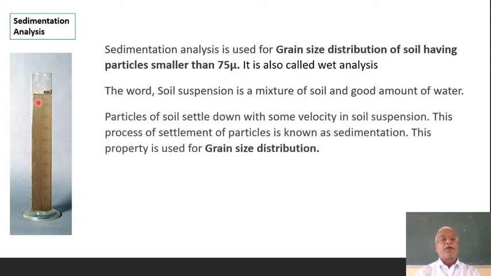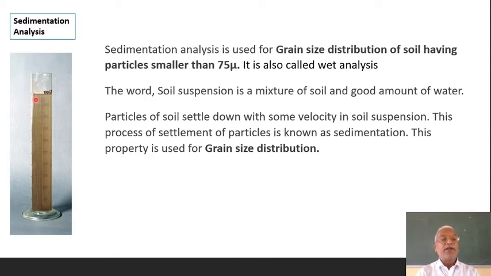Now particles of soil settle down with some velocity in the soil suspension because when soil is added, obviously the particles will be trying to settle down. This process of settlement of the particles is known as sedimentation. Because when it settles, what gathers here, we call it sediment.